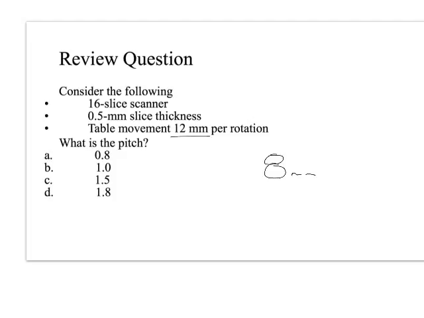I have 12 millimeters and I have 8 millimeters. My beam width, this is my width here. And this is my movement, is 12. So which is bigger, my movement or my width? My movement is bigger. So if my movement is bigger, I would expect my pitch to be greater than 1.